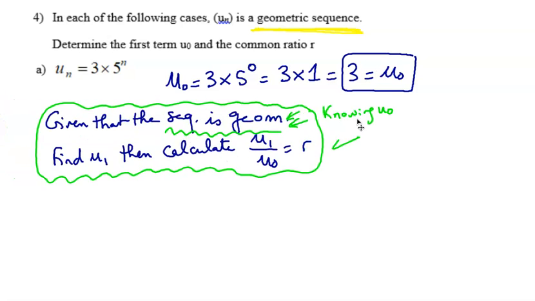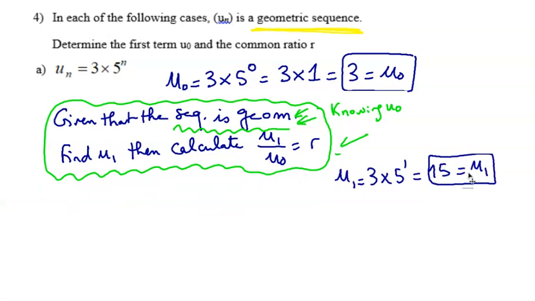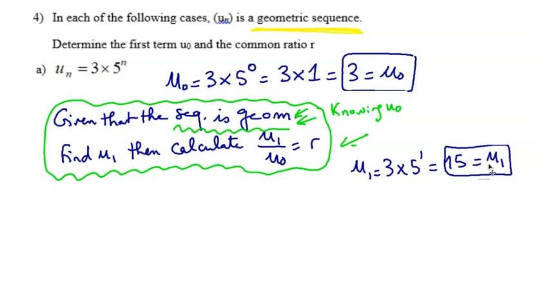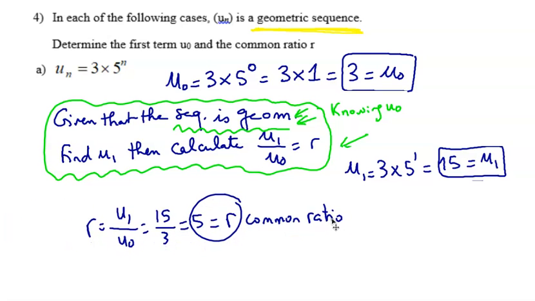I calculated u0 already, so I have to calculate u1. u1 will be 3 times 5 to the exponent 1, which is 3 times 5, and 15. Therefore, to find the common ratio, I calculate u1 divided by u0. The answer is 15 over 3, which is 5. And this is the common ratio.